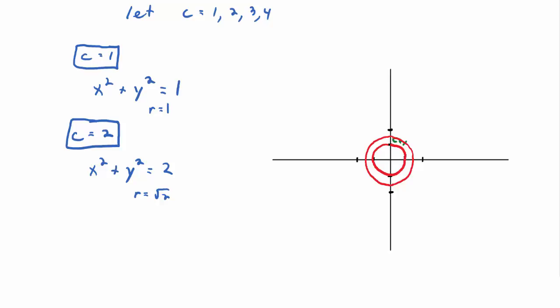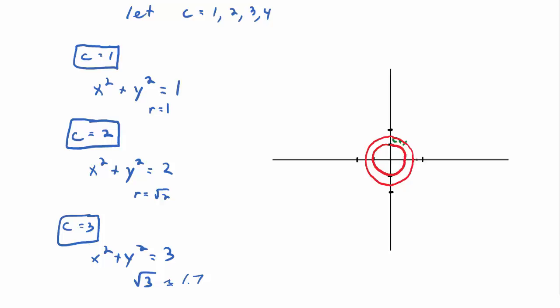And then c equals 3. So what would you get? X squared plus y squared equals 3. Center 0, 0. What's the radius? Root 3. Well, root 3 is what? 1.7? Okay. So this circle is actually going to be closer, I believe, than the last circle. 1.7.